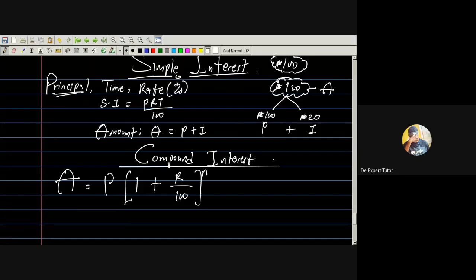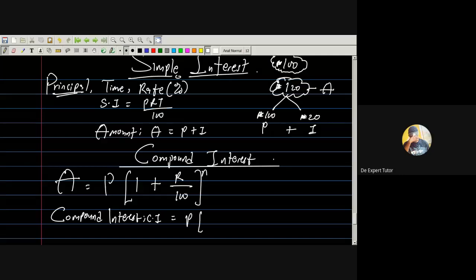Then how do we calculate compound interest? Let me just give a straightforward formula.